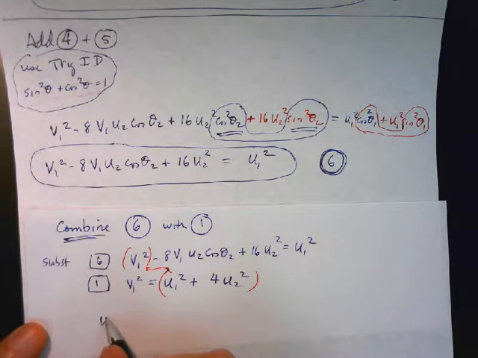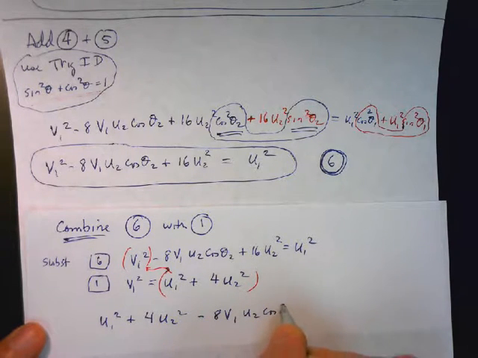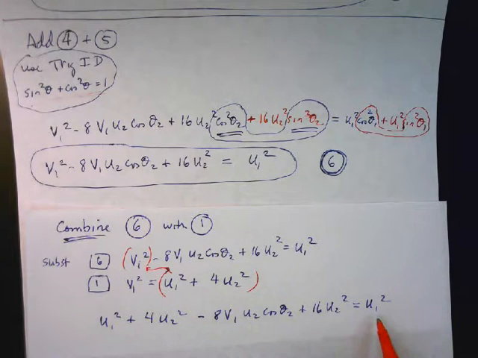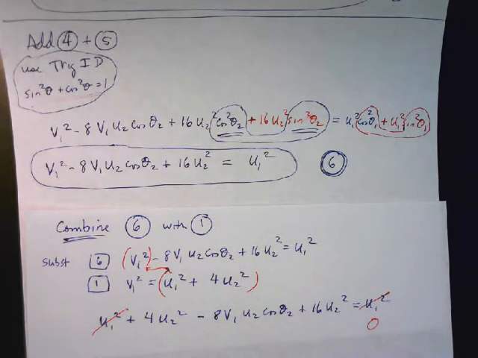So we end up with U1 squared plus 4 U2 squared, that's what I substituted in, minus 8 V1 U2 cosine theta 2 plus 16 U2 squared equals U1 squared. I see that we have like terms here, U1 squared on both sides, so I can subtract U1 squared from both sides. That gives me 0 on the right, and we end up with just the remaining material here.